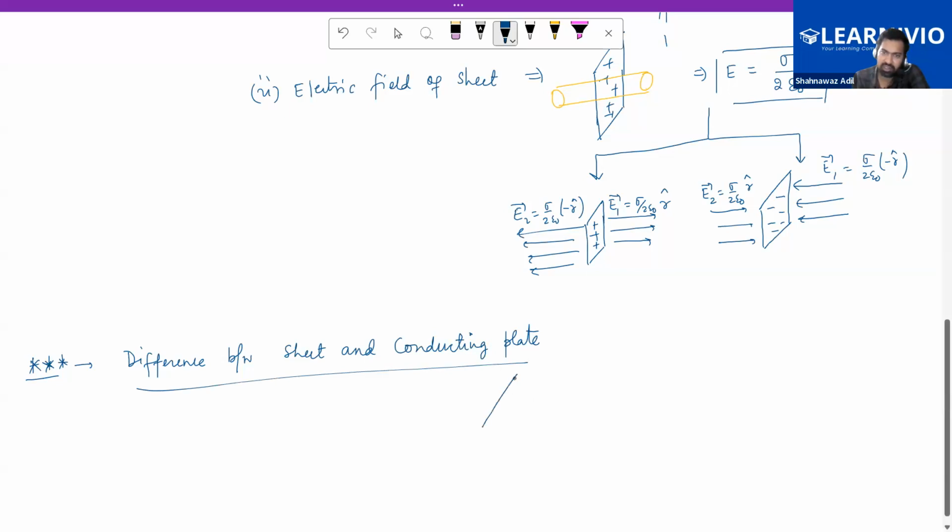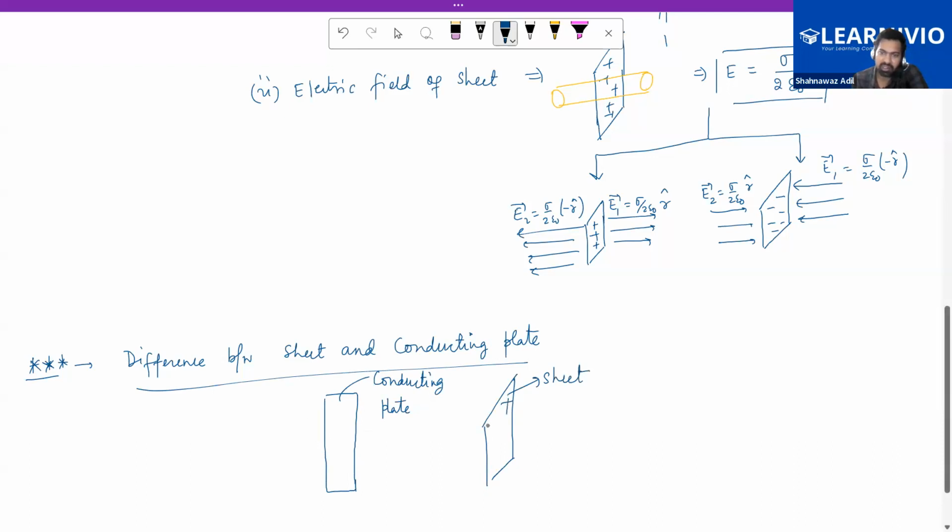A sheet has this thin shape, but a conducting plate is of this kind, so it has two sides. So this is a conducting plate, and this is a sheet.